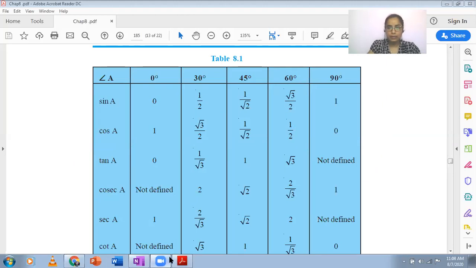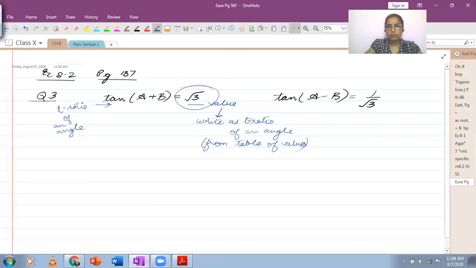We are going to replace the value that's given to us, this value over here, root 3. From the table, this value actually is for tan 60. And on the left hand side, I still have the value in variable form, so I cannot do anything about it. So from here, the trigonometric ratio for tan of some angle is equal to tan 60 degree.